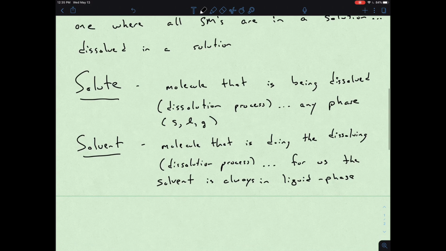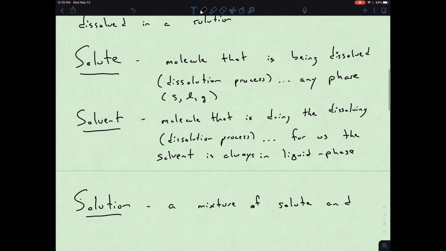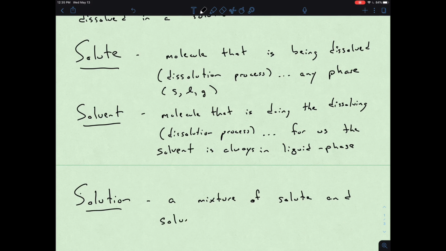And you put them together and you have what's known as a solution. So we have a mixture of solute and solvent.